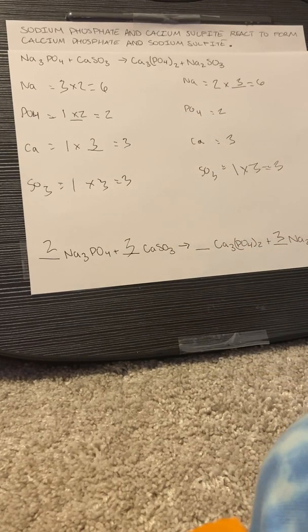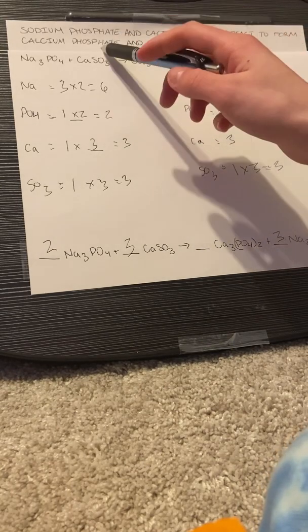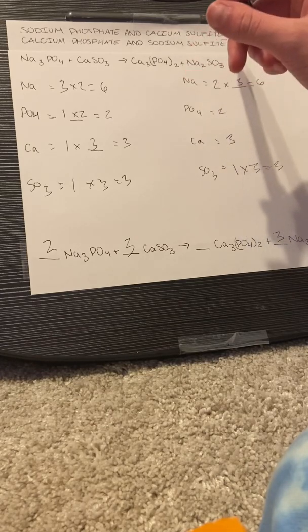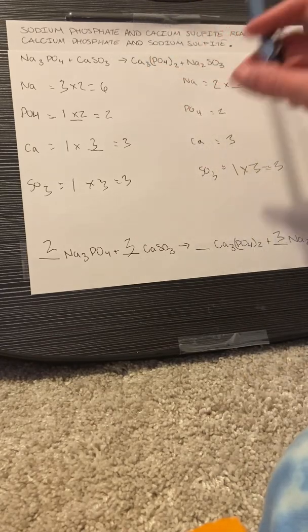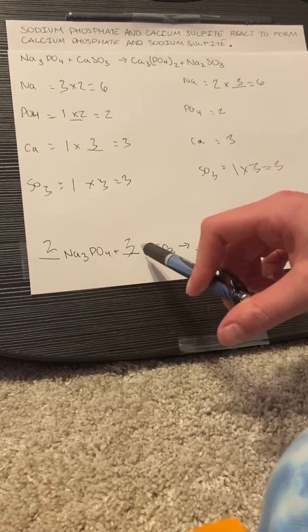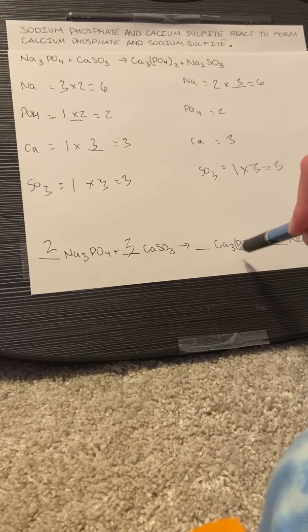So our fully balanced equation for sodium phosphate and calcium sulfite react to form calcium phosphate and sodium sulfite is going to be 2 Na3PO4 plus 3 CaSO3, arrow, Ca3(PO4)2 plus 3 Na2SO3.